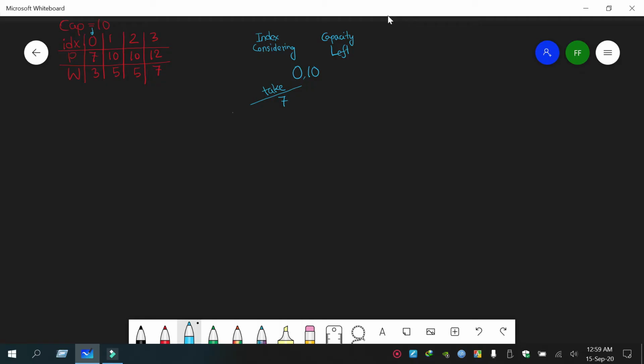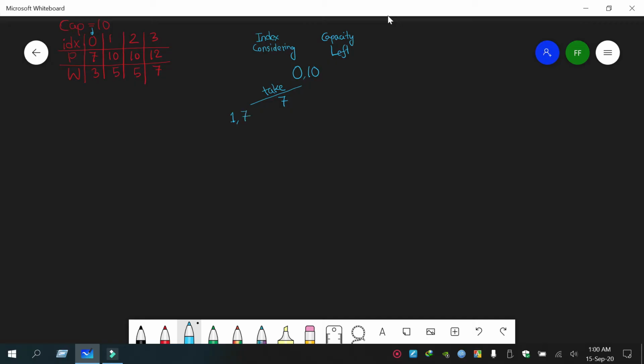So the index will increase by 1 because next we will be considering the item at index 1, and as you have taken this item in your bag, the capacity of your bag will be a little less. The weight of the item at index 0 is 3, and your bag had capacity left 10, but now that you have taken an object which weighs 3 units, the capacity of your bag will be 7.